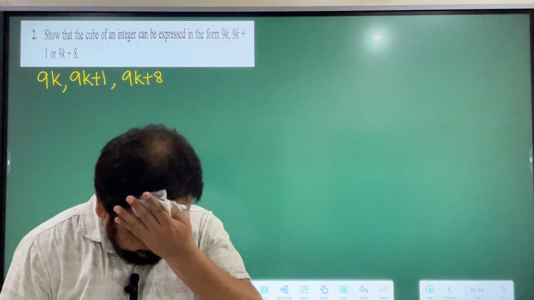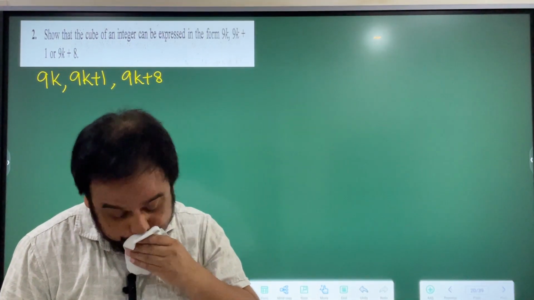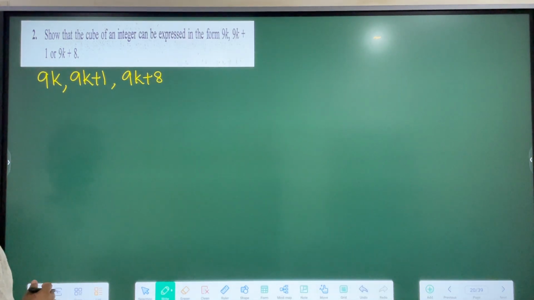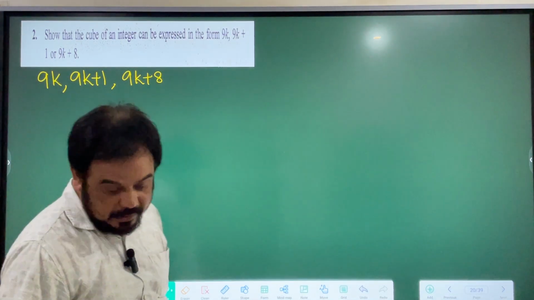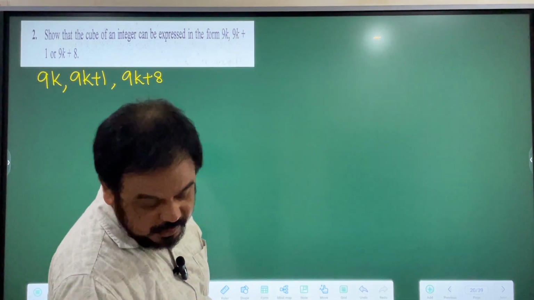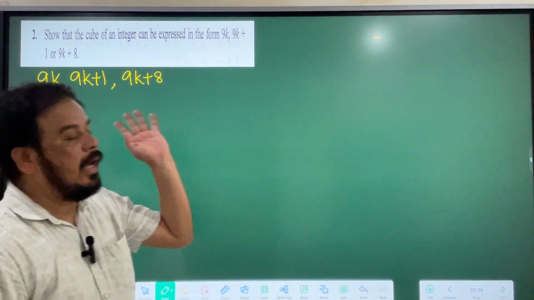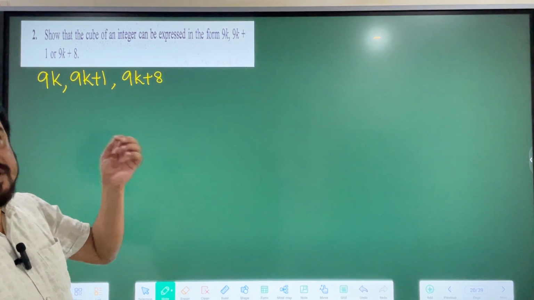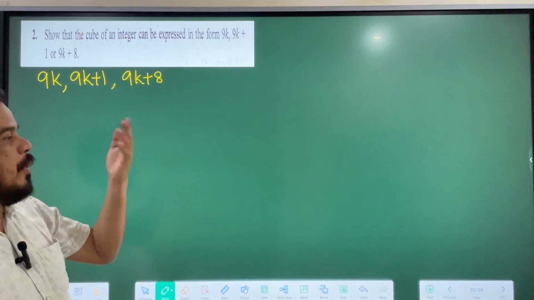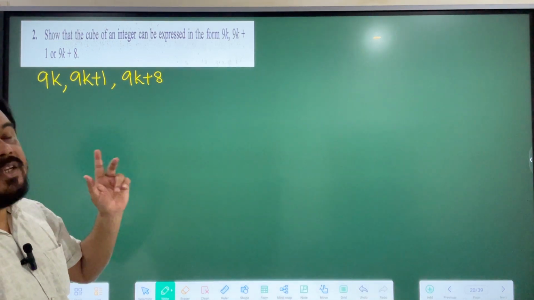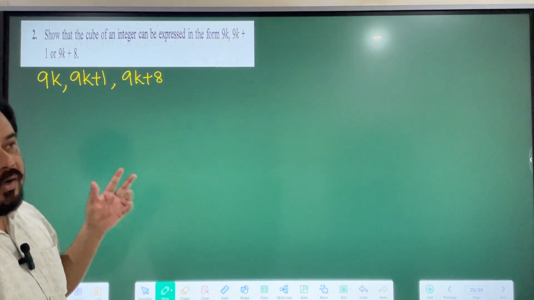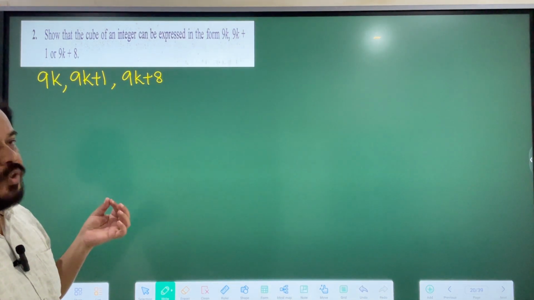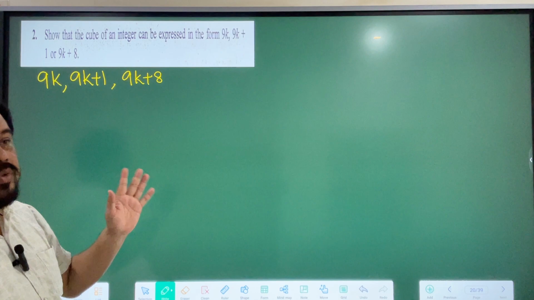Like the previous sum, where there was 3k plus 1, here it is 9k plus 1. Still, we will take 3 only for b. That will be easy for us. If we take a bigger number, it may be very difficult to do the calculation. Because 9 and 3 are both multiples of 3, better we take 3 so that we can do something.